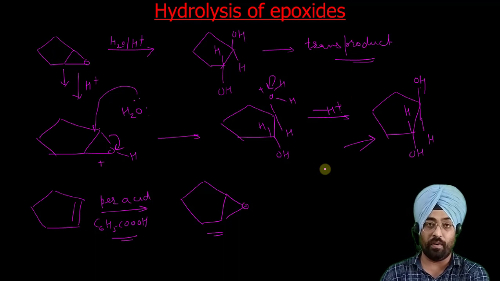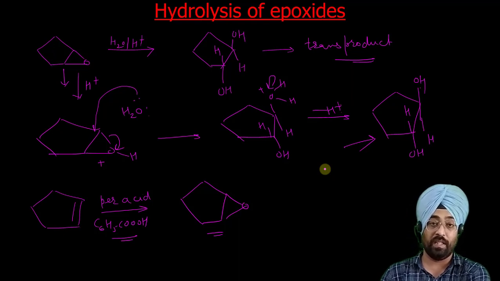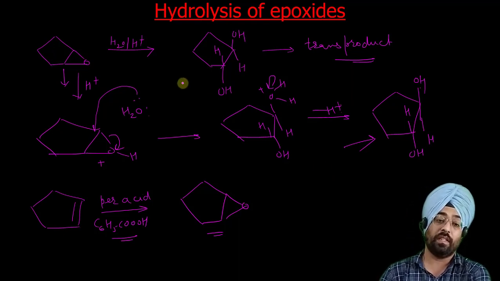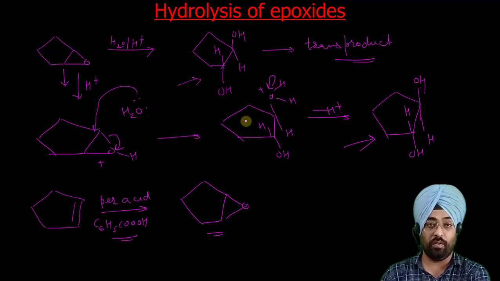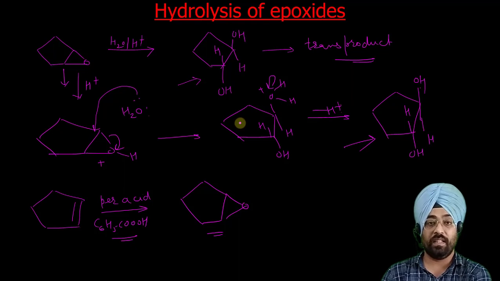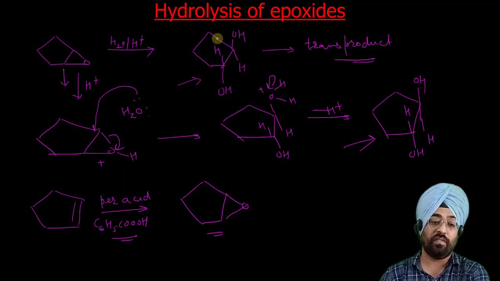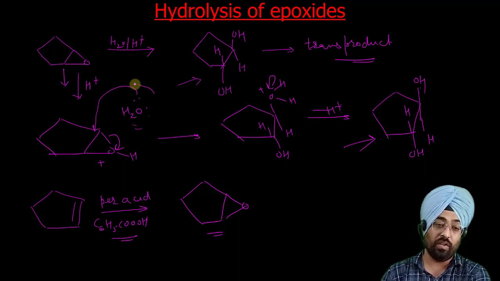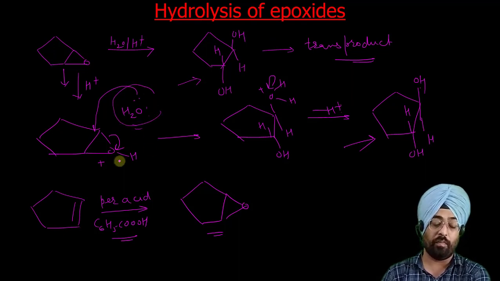So that is the important comparison between these two methods of synthesizing glycols or diols. In simple hydroxylation of alkenes with osmium tetroxide and KMnO4 under alkaline condition, we get a syn addition and the product is cis. But if we do hydrolysis of epoxide, then the product is trans, and the reason is that the nucleophile has to attack from the opposite side of the already present OH group.